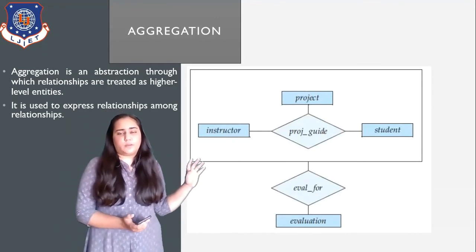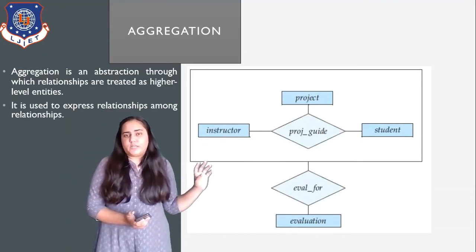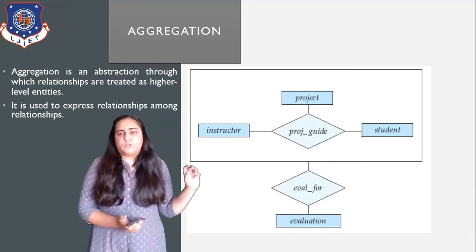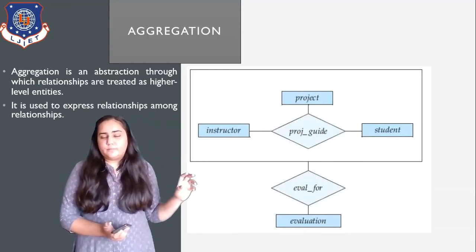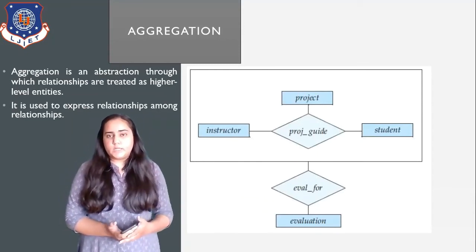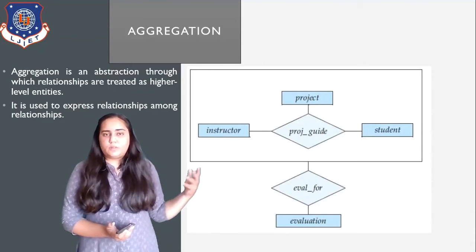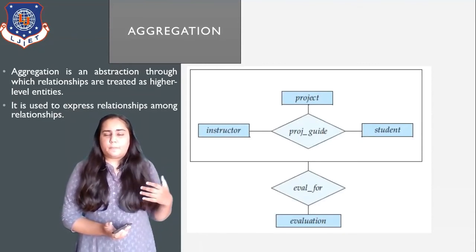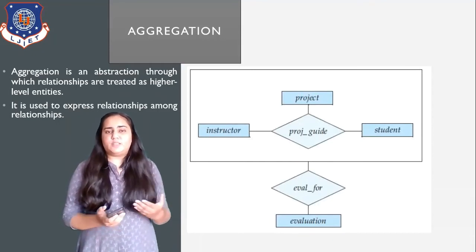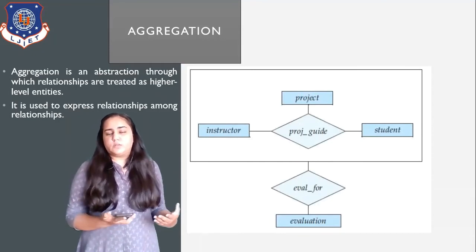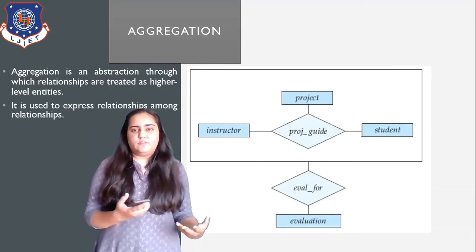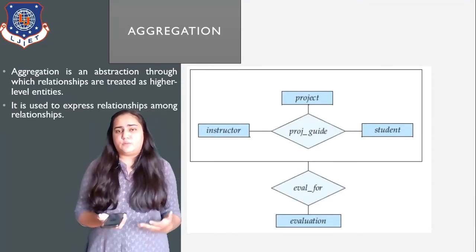Now in this diagram, there is a ternary relationship between instructor, student, and project, which is called project guide. But along with this, I also want to provide information about what is the evaluation. What marks did the instructor give to that student for that particular project?